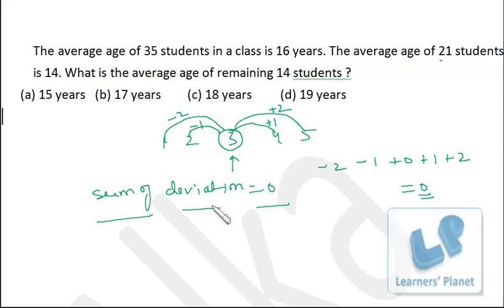Okay, now how are we going to use this concept to solve this sort of problems? Just listen to me carefully. Now one more thing is there. Just now we discussed the sum of deviations is equal to 0 and we took the example of 1, 2, 3, 4, 5, right?